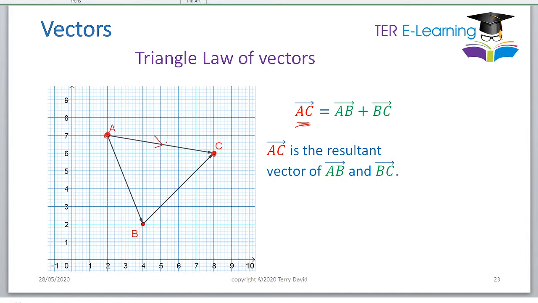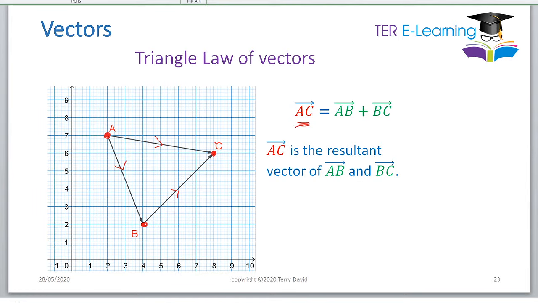Now, I can go from A to C by an alternative route. I can go from A to B, so from here to here, and then from B to C. It may seem very trivial what I'm showing you here, but it's a very important concept. Because in some books, when you look at how they give you the triangle law, you think, okay, I think I know what they're talking about, but when you start to do the questions, you start to get confused.